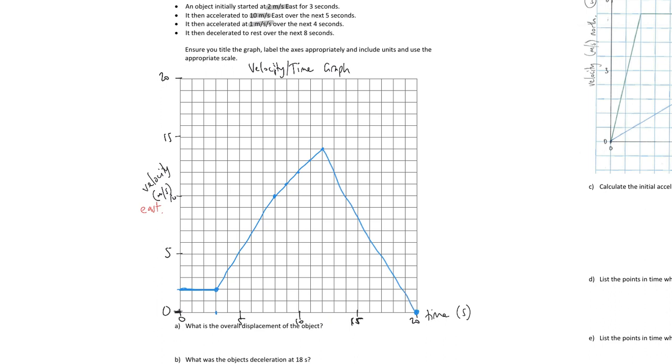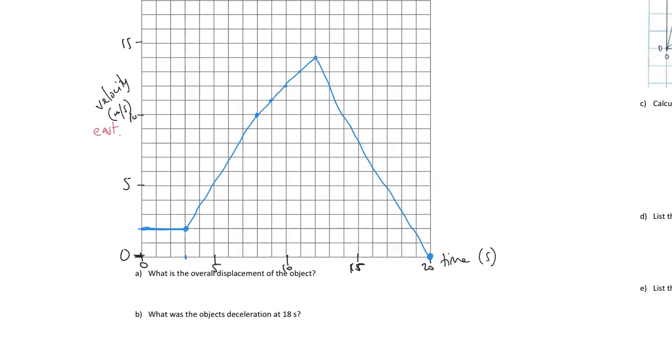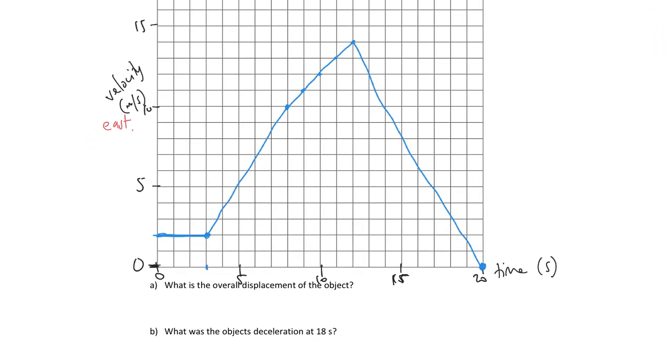So what's the overall displacement of the object? The displacement from a velocity time graph means you have to work out the area of this graph. So we can divide that up into different sections. I'd say this section here, this section here, this section here, just one big triangle.